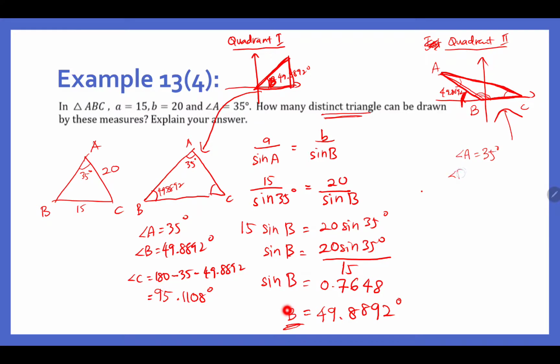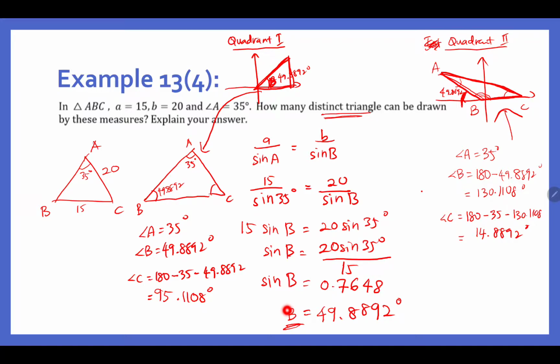Angle B 180 tolak 49.8892, so akan dapat 130.1108. Angle C 180 tolak angle A tolak angle B, so dapat angle C 14.8892.